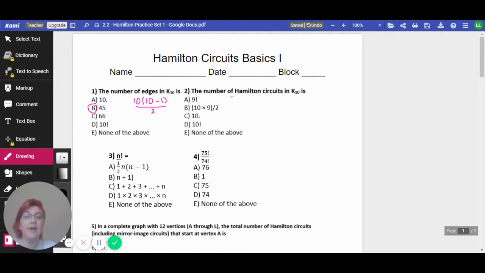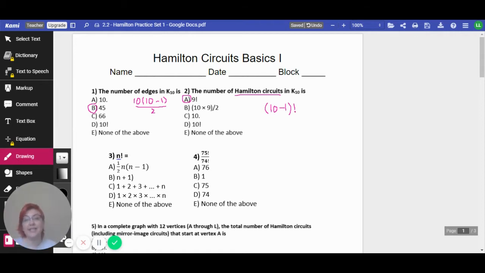The number of Hamilton circuits in a K10. Now that is going to be n minus 1 factorial. 10 minus 1 factorial. Now, 10 minus 1 is 9, so it looks like my answer is A. N factorial. How do we find that?